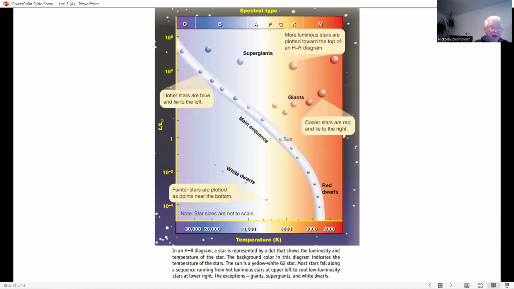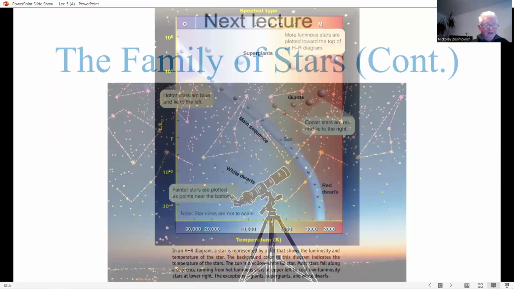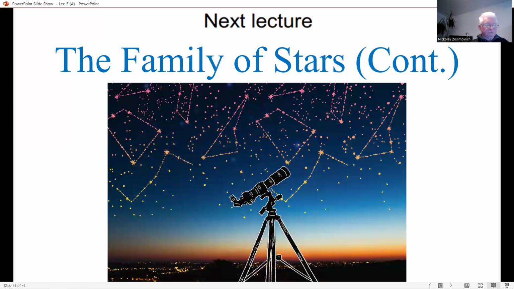As you might expect, the hot main sequence stars are more luminous than the cool main sequence stars. And notice in the HR diagram that some cool stars lie above the main sequence. Although they are cool, they are luminous. Stars below the main sequence have very little surface area from which to radiate, and that limits their luminosity. I think it's enough for today.